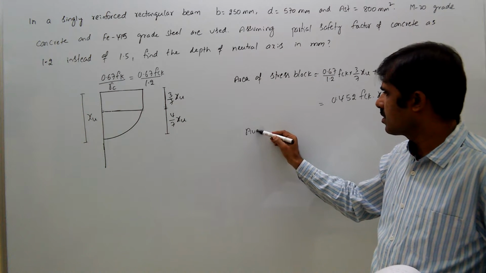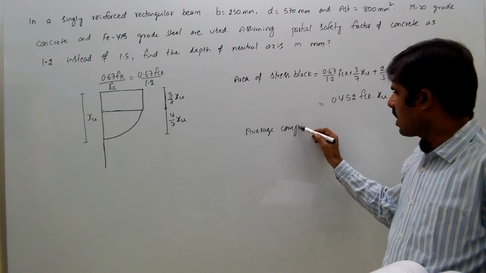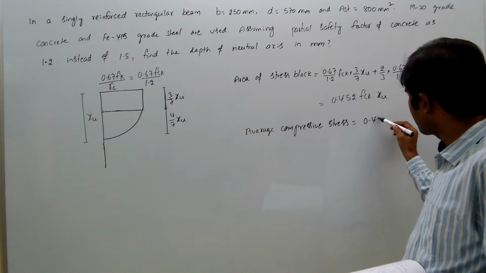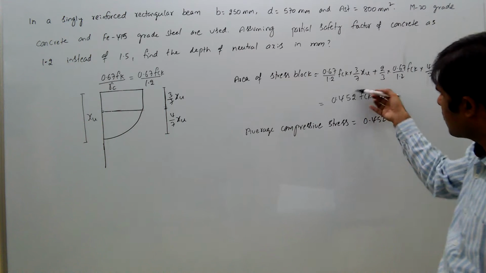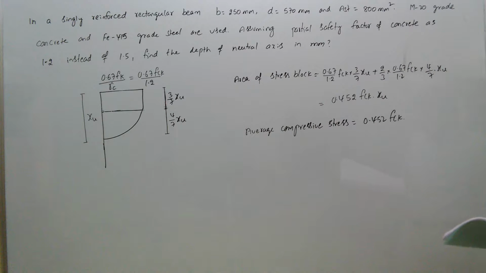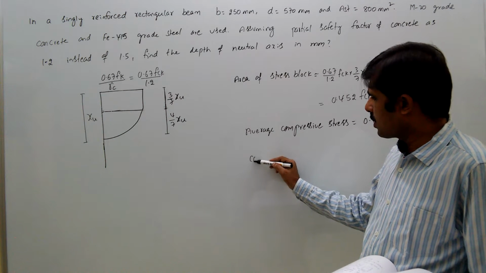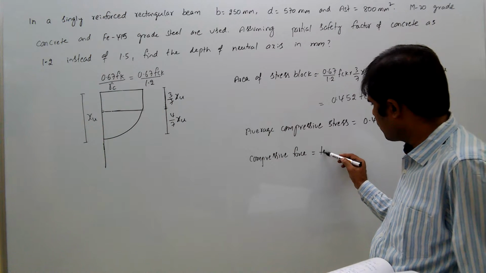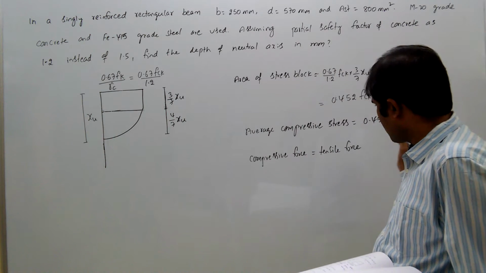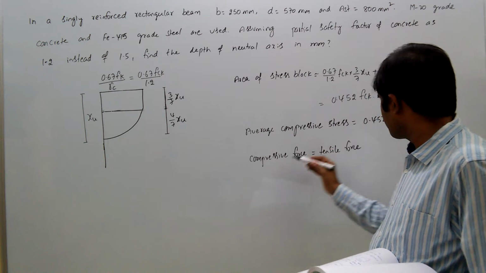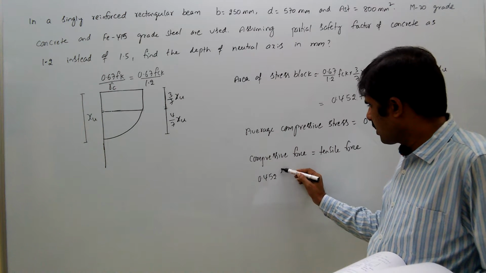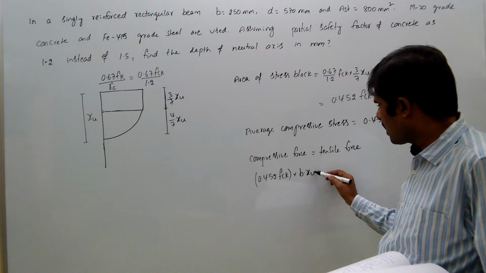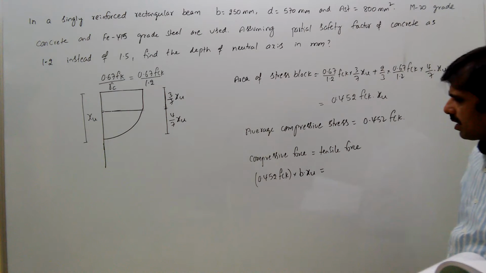That means average compressive stress equal to 0.452 FCK, because area of stress block divided by XU is the average compressive stress. Now we know compressive force equal to tensile force, equilibrium condition. Compressive force means compressive stress 0.452 FCK into area of concrete, that is B into XU, the compression zone of concrete.